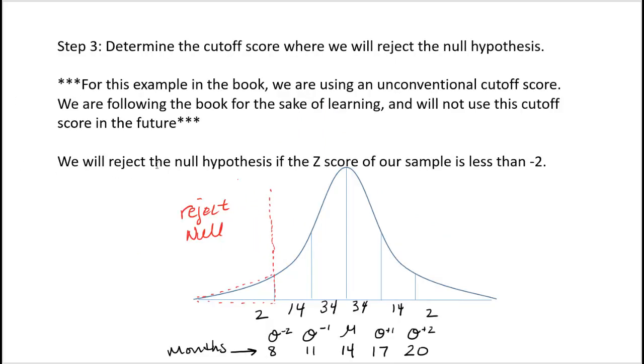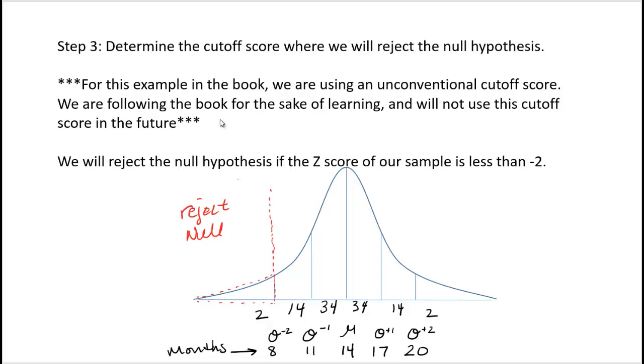In step 3, we are going to determine the cutoff score where we will reject the null hypothesis. Now, this is a consideration that this book uses in order to teach the principle. We are going to use an unconventional cutoff score for this example. That means that this is not a cutoff score that is widely agreed on. It is a cutoff score that is easy for learning.